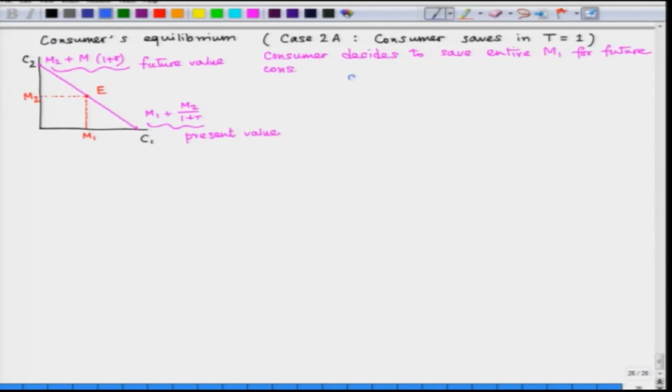So, let us write the slope of the indifference curve, and that will be MU C1 divided by MU C2. Note that the slope of the budget line is negative of (1 plus r), right. That is the slope of the budget line.